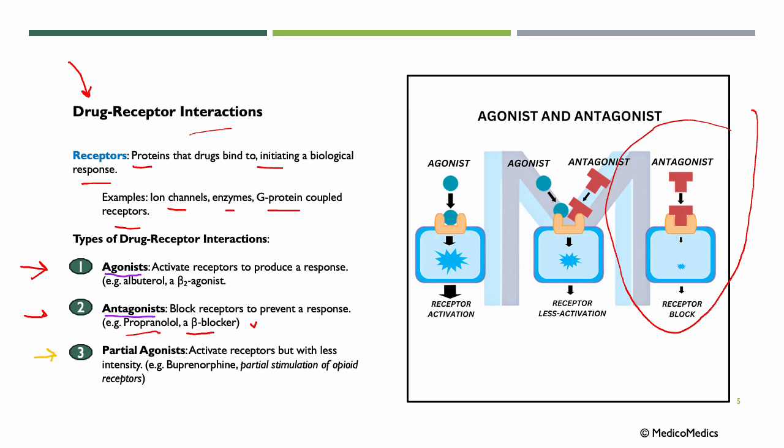They bind to the receptor and activate it, but they elicit only a submaximal response. So it's less intense. An example is buprenorphine. It creates a partial stimulation of opioid receptors. So it provides pain relief with a lower risk of respiratory depression, which is something that's always considered.